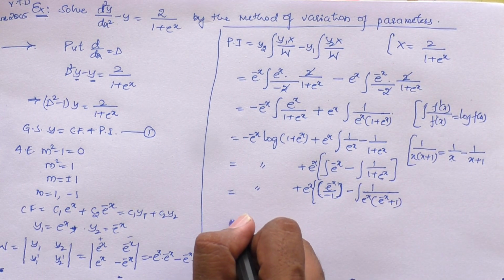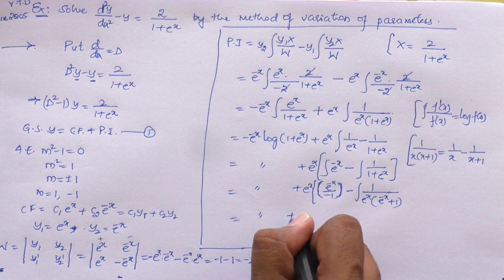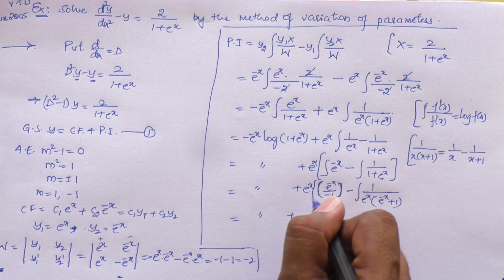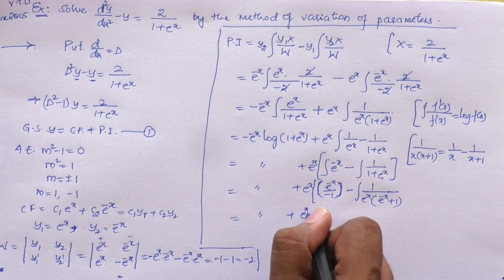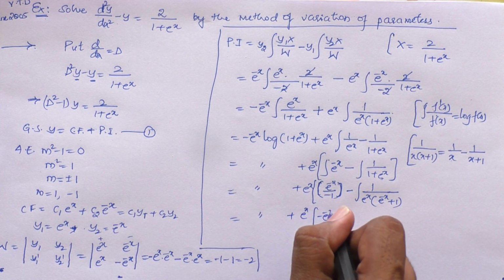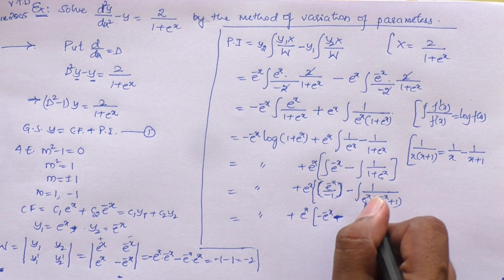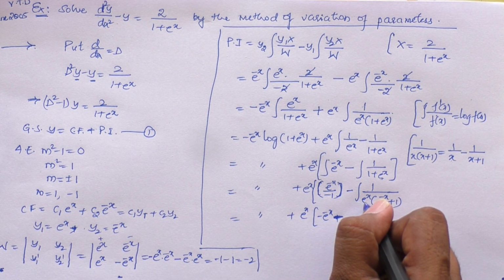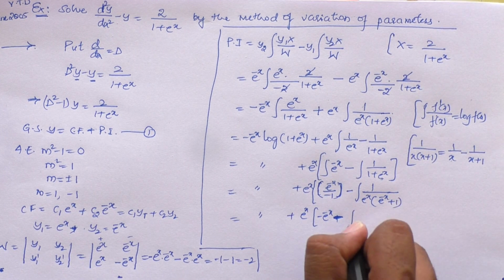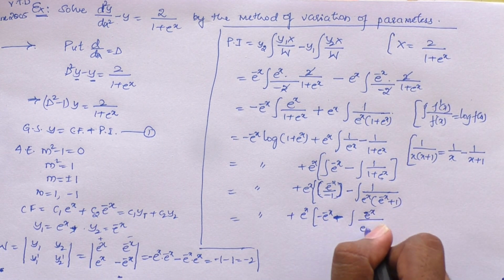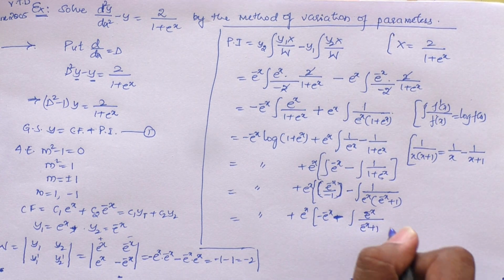So now this term as it is, plus e raised to x into bracket minus e raised to minus x minus, so 1 by e raised to x can be written as e raised to minus x divided by e raised to minus x plus 1.